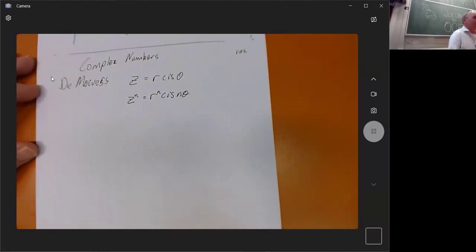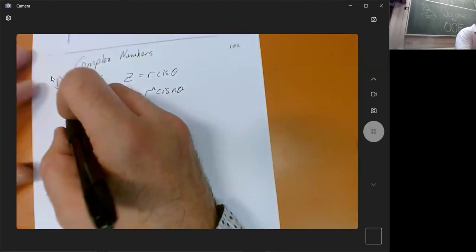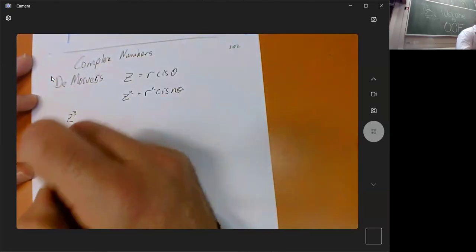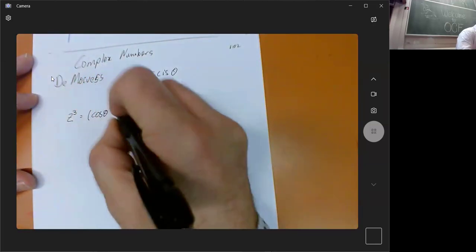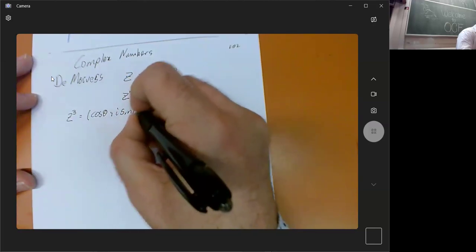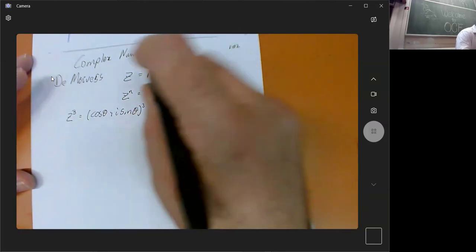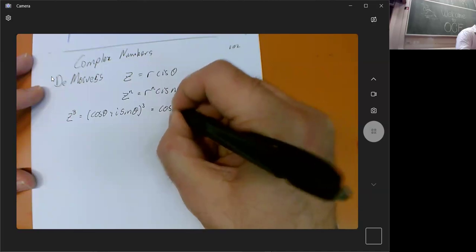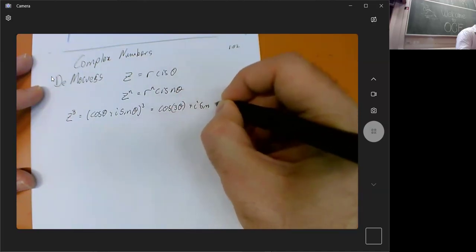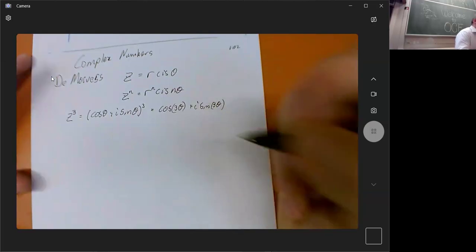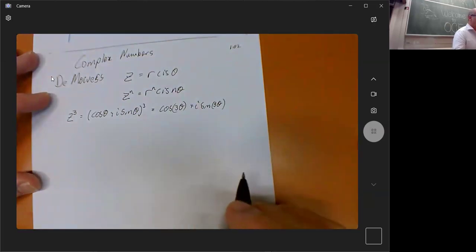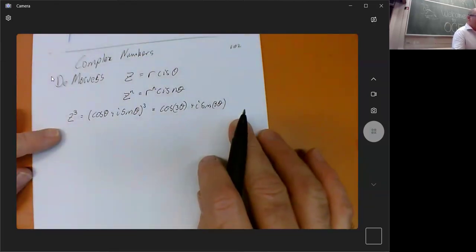Have you ever thought about this? If I go z cubed, that would be cosine of theta plus i sine of theta, whole cubed. But De Moivre's theorem tells me that that's going to be cosine of 3 theta plus i sine of 3 theta. Yeah, I know, you're going, that doesn't look like it.